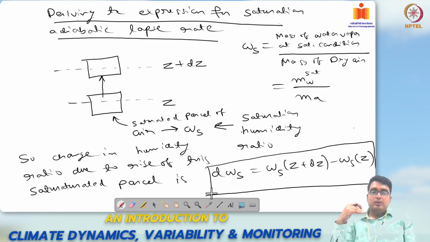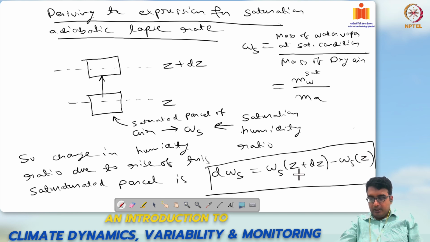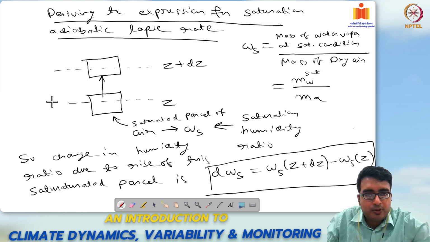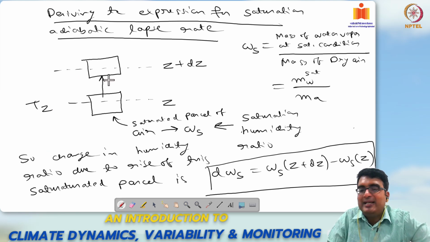Because the parcel has risen a small amount, the saturation humidity ratio has changed. It has changed from the original value, which was the omega s value at altitude z, to the omega s value at altitude z plus dz. Now remember, the temperature is changing here. Because it has moved upwards, there is a change in temperature.